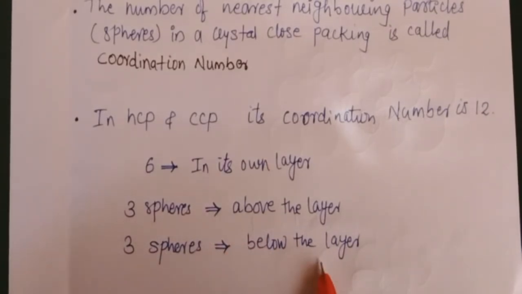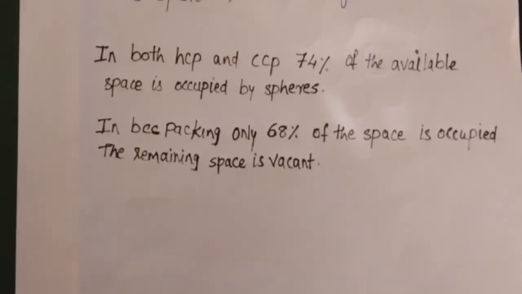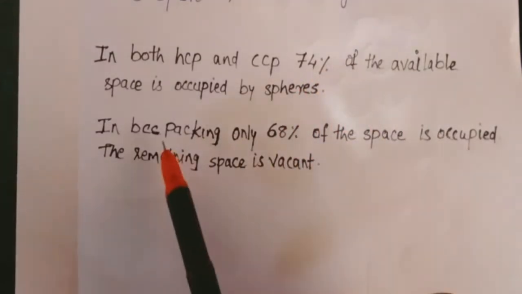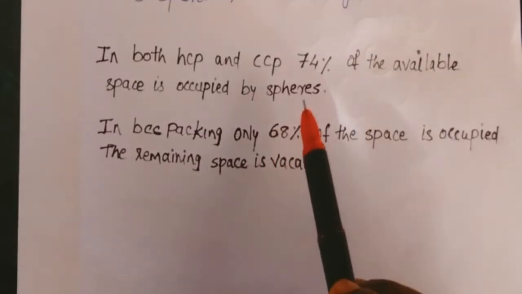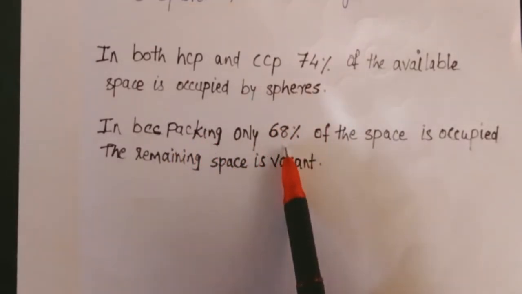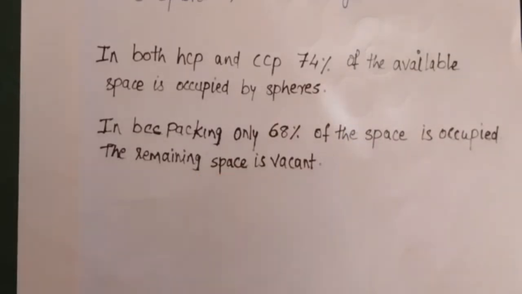In both HCP and CCP, 74% of the available space is occupied by the spheres. In BCC packing, only 68% is occupied and the remaining space is vacant.